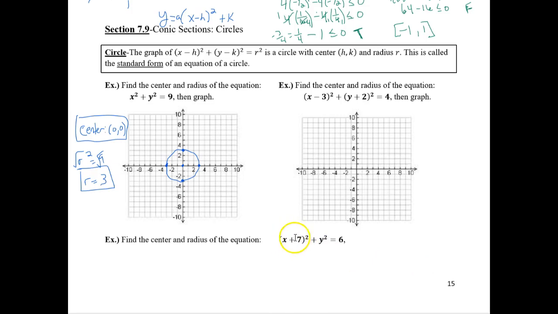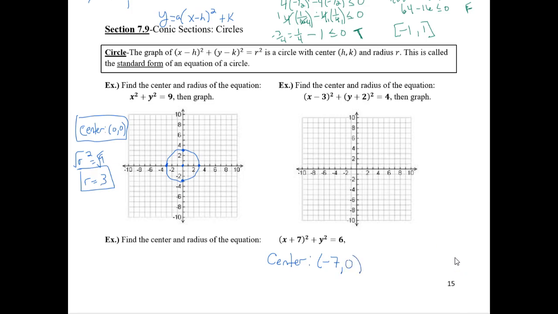Essentially, h is going to be the opposite sign of whatever's in here, or you could think of it as what would make this add up to 0, and that would be negative 7. So my center will be at negative 7 for the x, and then we look at the y, and we see it's not shifting at all. So still 0 for the y.